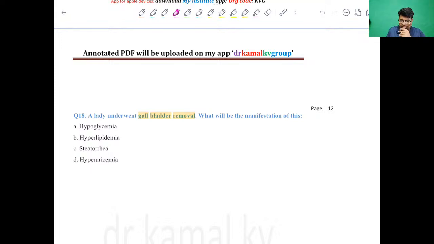So we know that gallbladder stores bile, and bile is needed for fat absorption. So what will happen? If you remove gallbladder, there will be poor fat absorption from the gut, and this fat will come into the stools, and this condition is then known as steatorrhea.